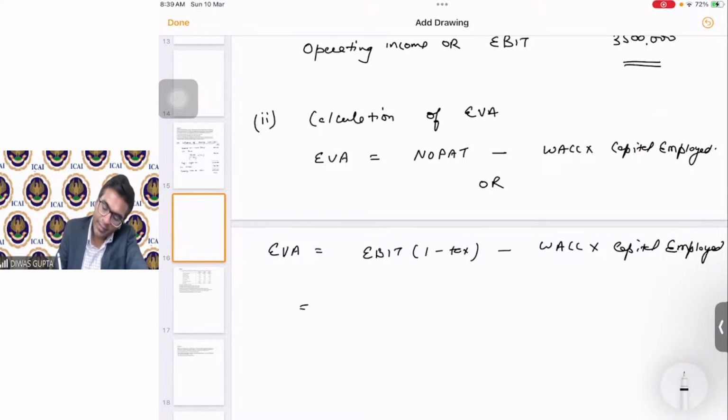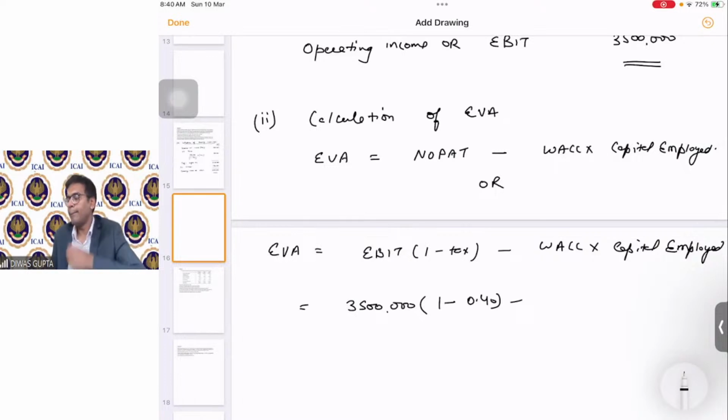What is the EBIT? 35 lakhs, times 1 minus 40% tax rate. WACC was told how much? It was told that this company tries to maintain a WACC of 12% into capital employed. What is the capital employed, students? 80 lakhs.